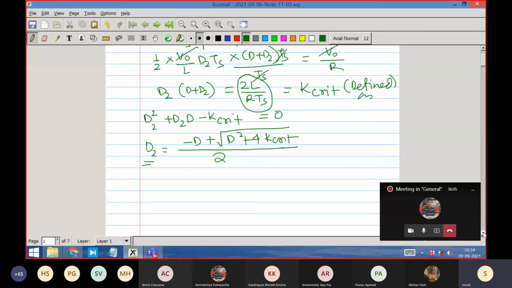What we do here is we want to know the boundary situation. Boundary means when the current is just on the border of continuous and discontinuous conduction. That means this is D and this is 1 minus D, but the current is initially 0 and ending at 0.